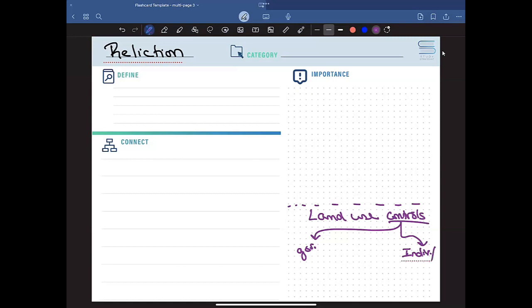So it could be a developer, somebody like that. Zoning comes from the government. CC&Rs or restrictive covenants come from the developer or an HOA. That's a private source. Make sense? I would say reliction has to do with ownership.